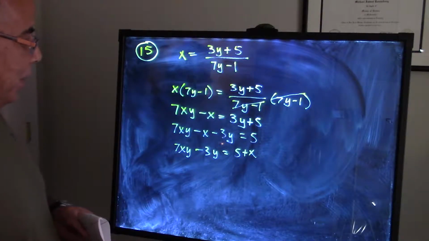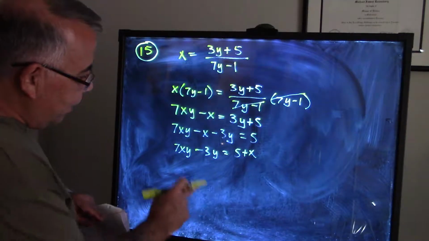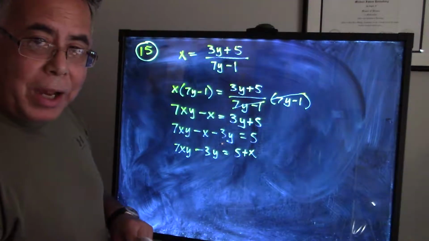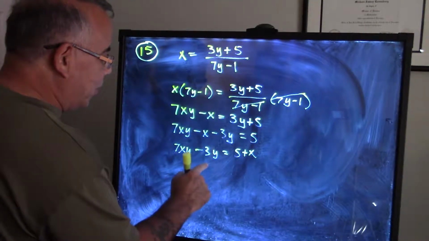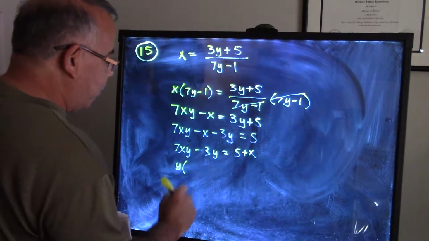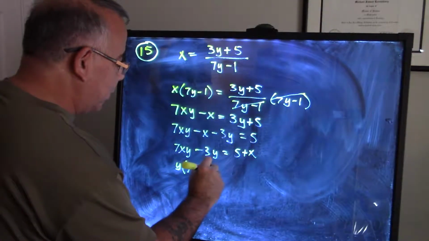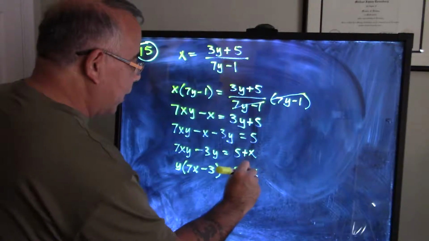Well, how do you isolate the y's here? Well, you got a y in here and a y in here. You can do common factoring, remember that? Common factor the y out of these two terms. y times (7x minus 3) equals 5 plus x.